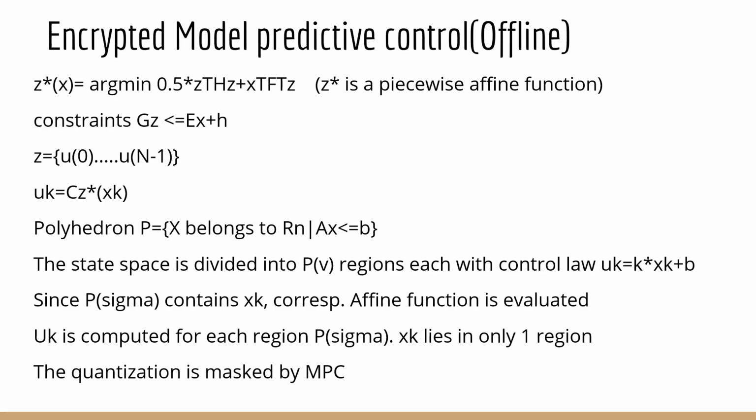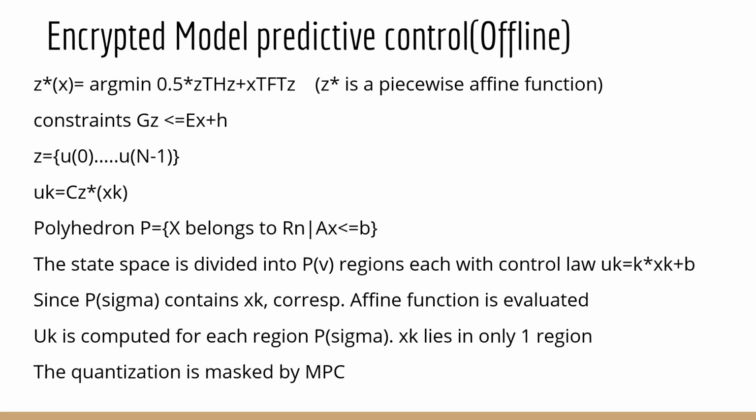But what exactly happens is that in offline optimization, u of k is pre-computed for each region in the polyhedron. If the polyhedron has some sigma segments, x of k lies in only one region of this polyhedron, so we have to apply the control law and the region needs to be identified.